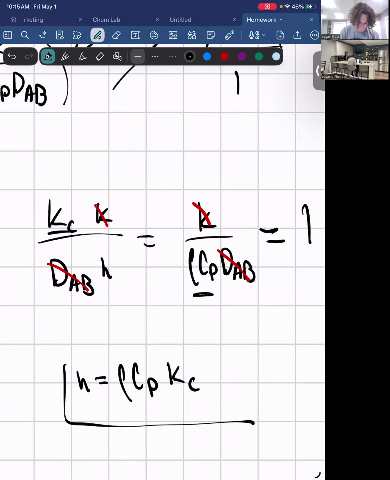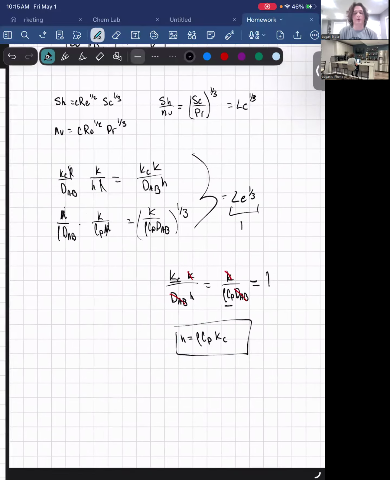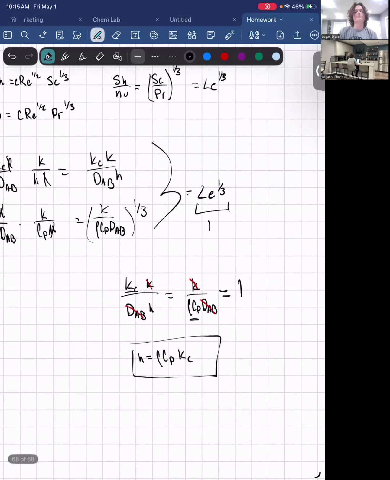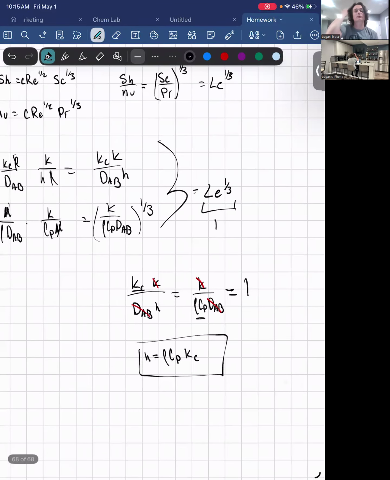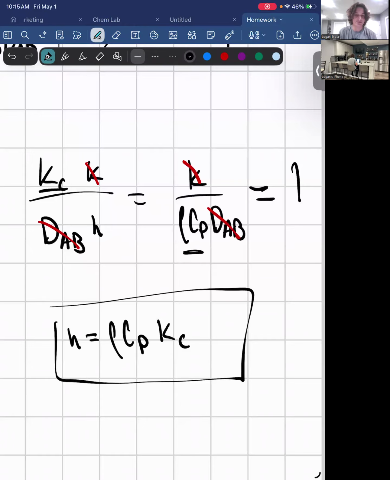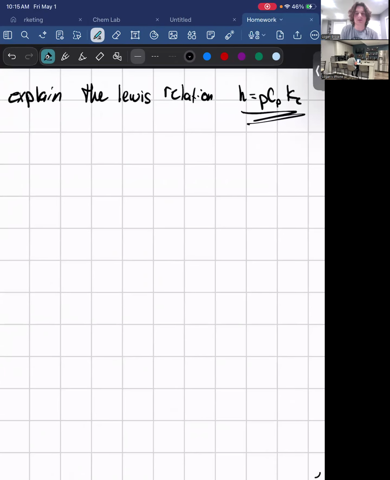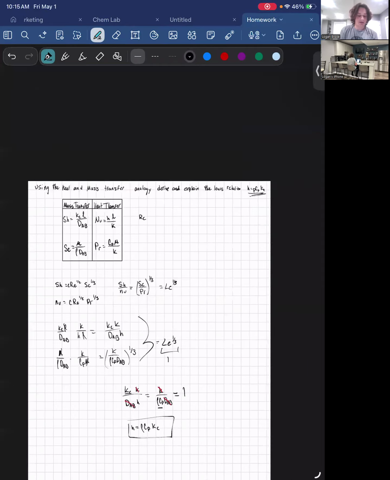This is our Lewis relation that we were able to get using our heat and mass transfer analogies. So we found that H equals rho CP Kc, which is the Lewis relation that we were looking to derive.